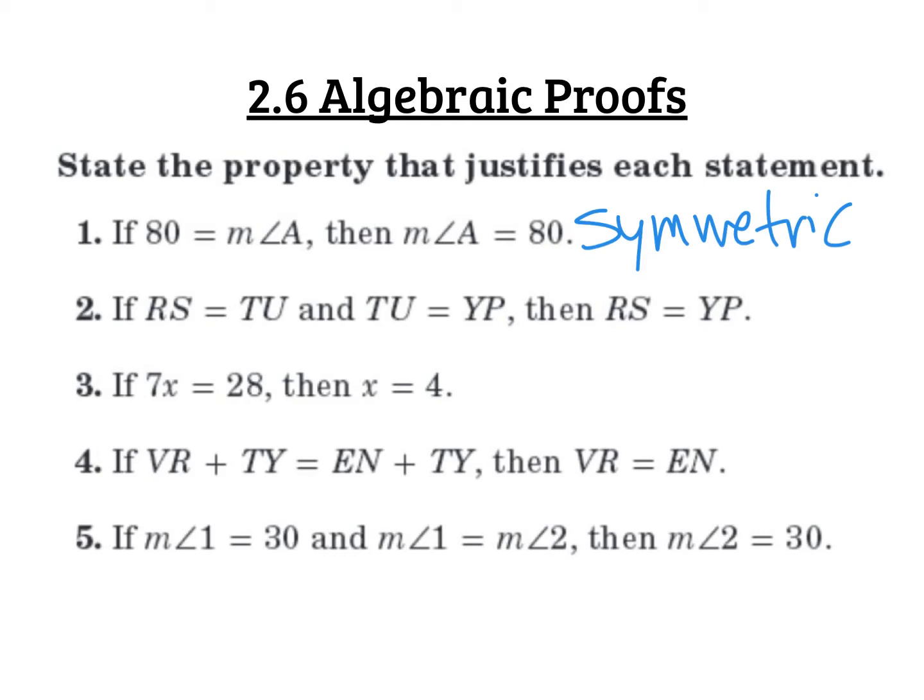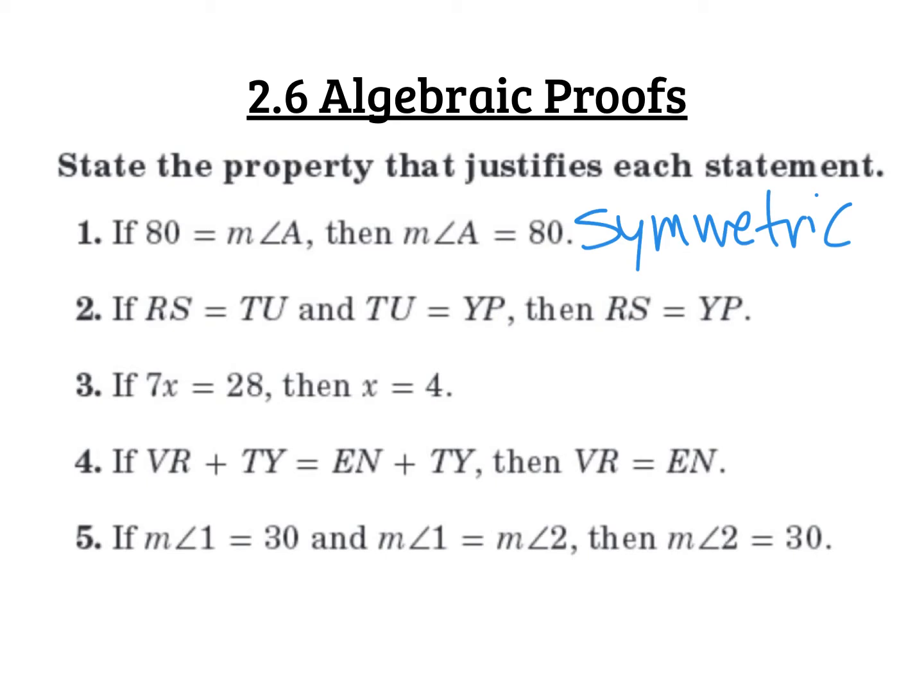I can say that this must equal this because they're connected through TU. That's what the conclusion is about. We call that the transitive property. When you have three objects that are connected by something, then the first is connected to the last one.